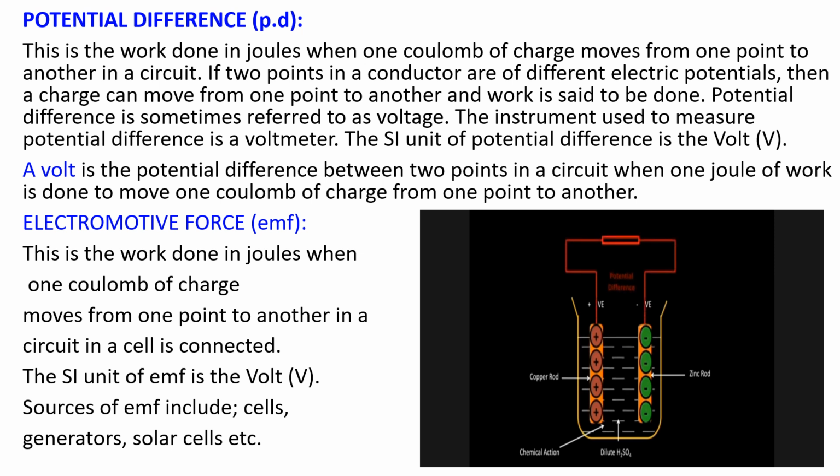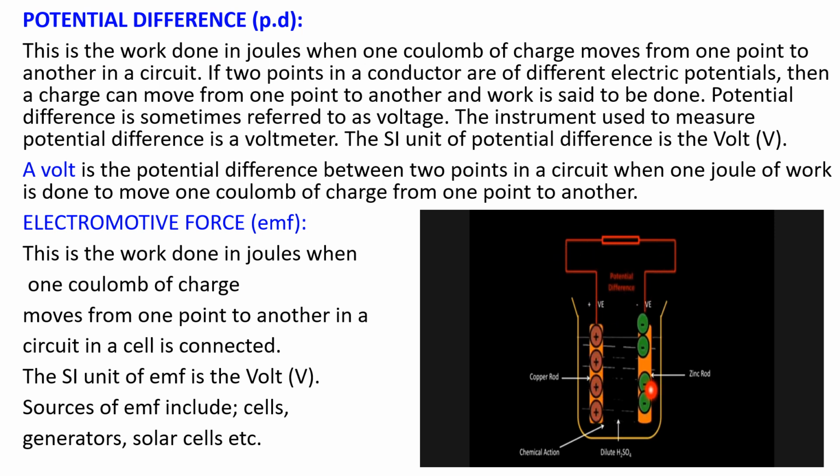When we connect any appliance, we realize that there is potential energy, or work done, required to transport this electron from negative to positive. At the copper rod, the process of losing electrons is maintained, and the electrons are acquired by the zinc. The process continues as long as the circuit is still on.